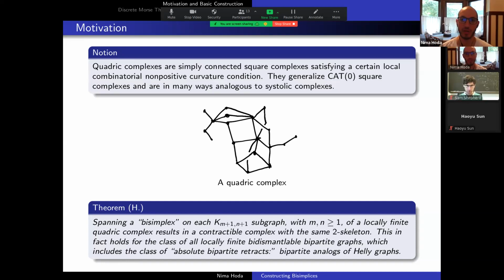They generalize CAT(0) square complexes, and they're analogous in many ways to systolic complexes. If you're familiar with those, those are complexes that have seen quite a lot of study in geometric group theory for their non-positive curvature-like properties.